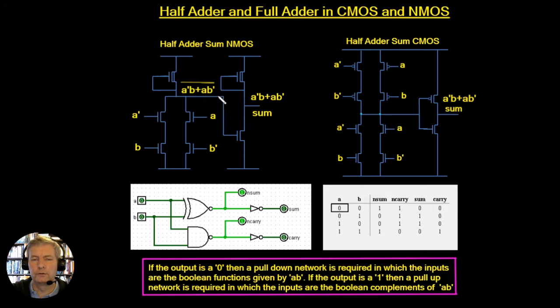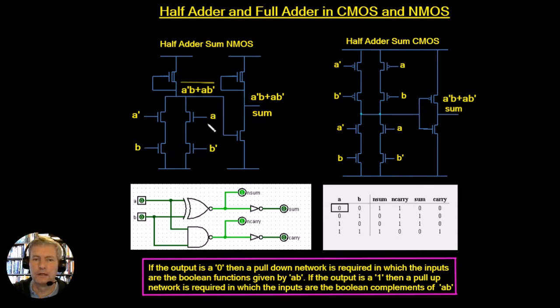Now what we want to do is take this sum in NMOS and generate it in CMOS. We've seen from the previous videos that we're going to have a pull-up network, which will be in PMOS, and a pull-down network, which will be in NMOS. The pull-down network here is the same as the pull-down network here.